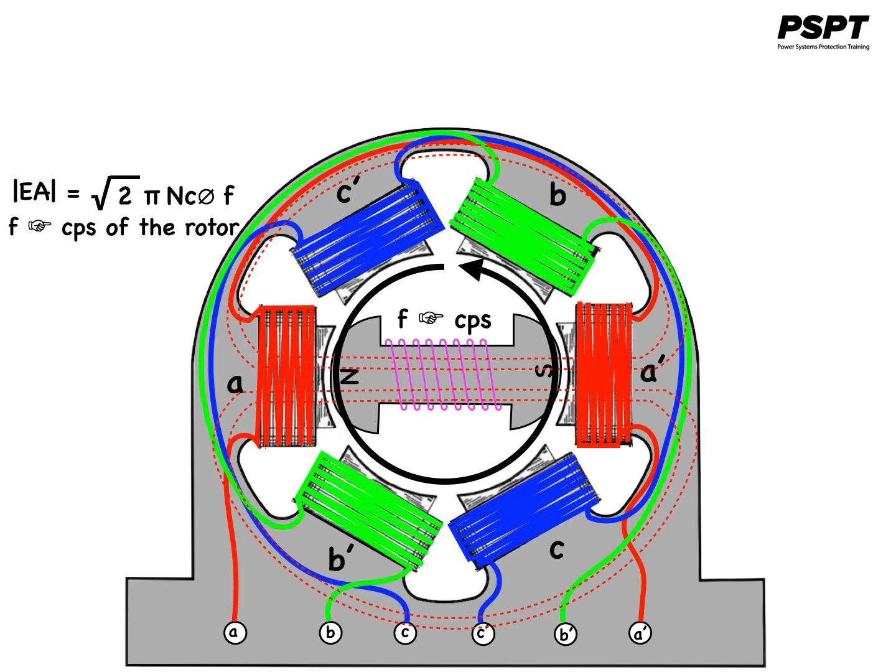If the rotor is turning with a speed of F cycles per second, each of the coils will generate an AC RMS voltage of equal magnitude, root 2 times pi NC phi F, oscillating with a frequency of F cycles per second.